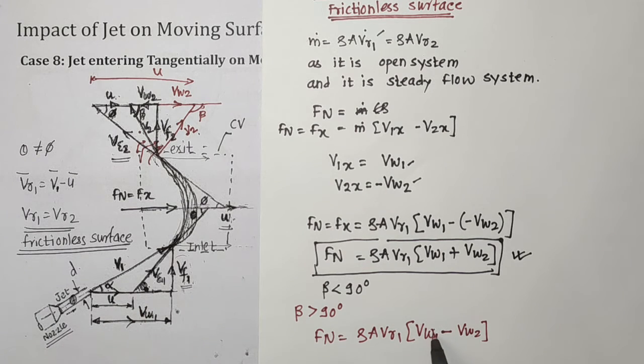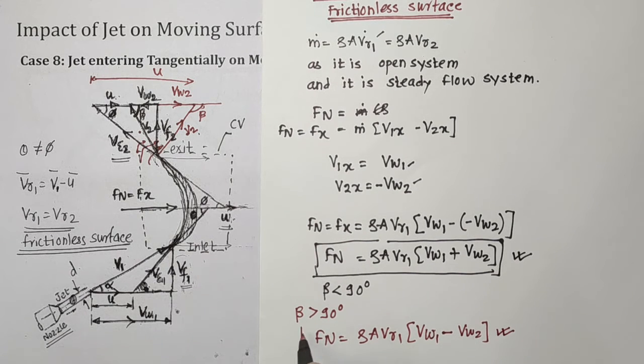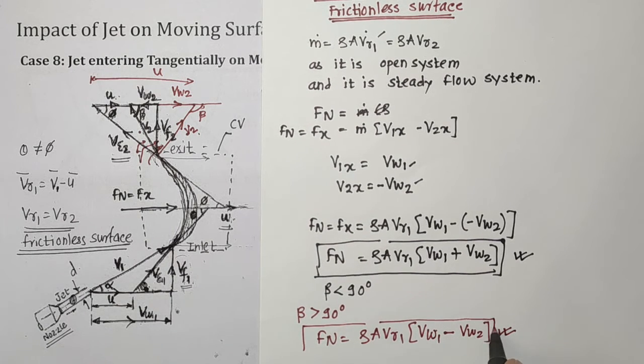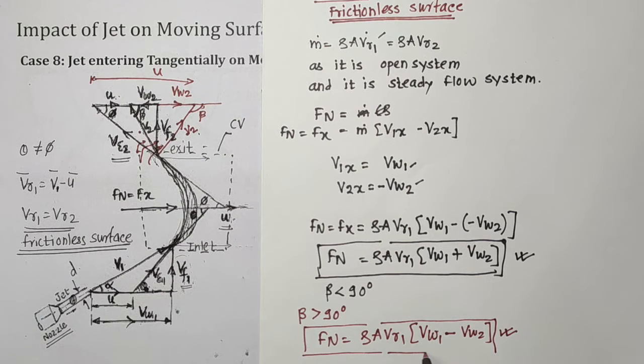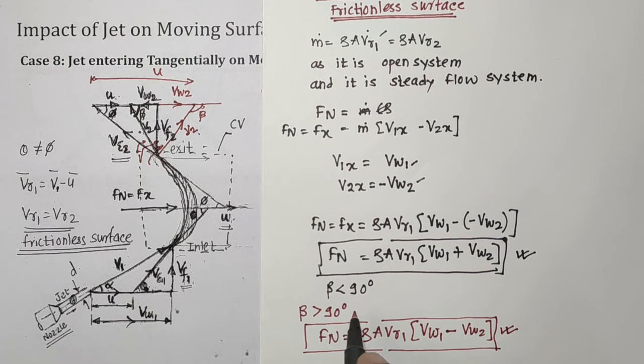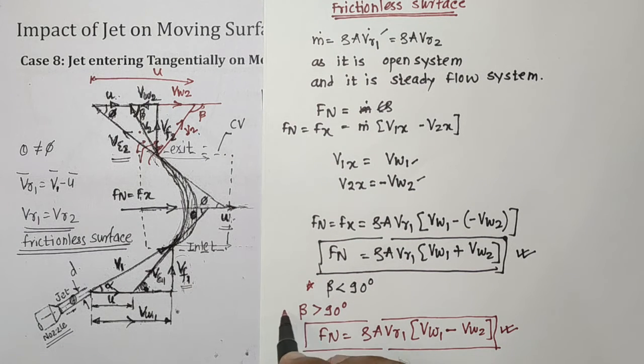Because of that reason, vw1 minus vw2 will appear. So this equation of force is considered when beta is greater than 90 degrees. So here we have these two conditions. So this is all about the normal force exerted on a moving surface. That surface is an unsymmetrically curved surface.